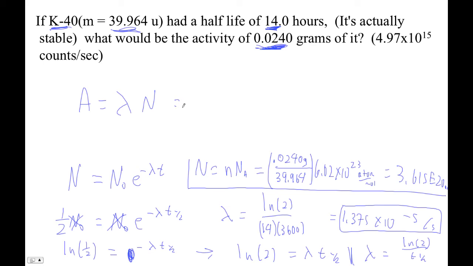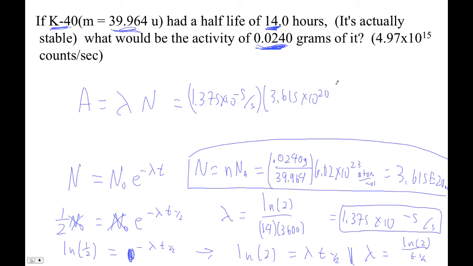All right, so now we're all set. We're just going to multiply this number, 1.375 times 10 to the minus fifth probability per atom per second, times 3.615, this number I just got, times 10 to the 20th atoms, and we'll get our activity.